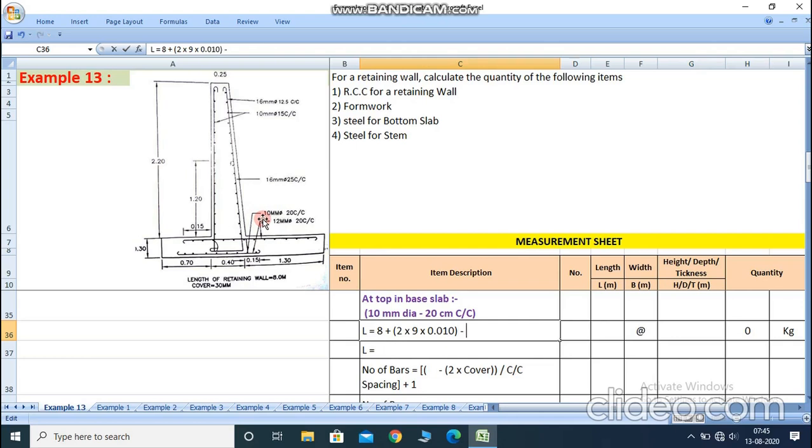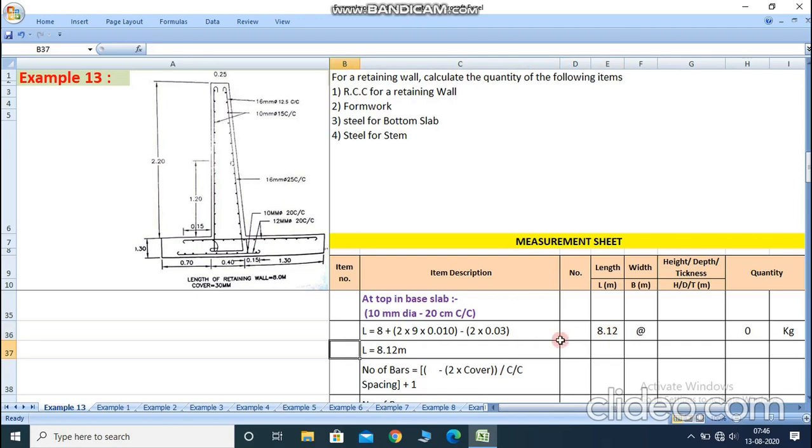Minus the front side and back side cover, so minus 2 times cover 0.03. So the total length of the top base slab bar of 10 mm diameter is 8.12 meters. So write 8.12 meter here.